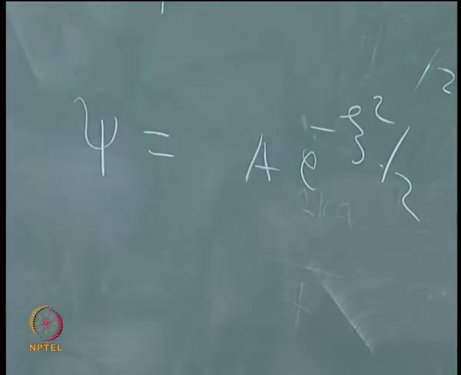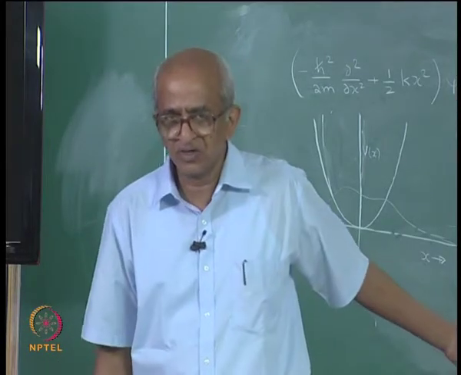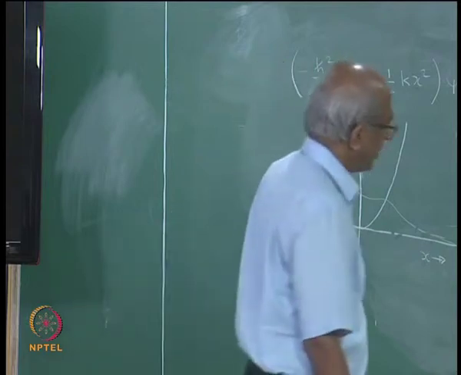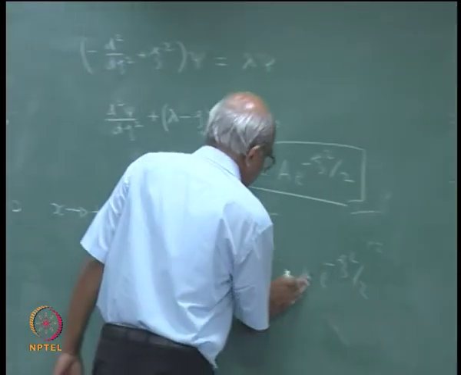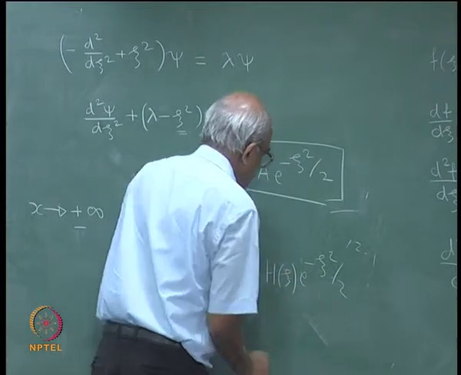But I want to make this function a solution even for small values of c. Definitely it is not a solution as it is, but maybe what I can do is replace this constant by a function of c, H. What will this function do?